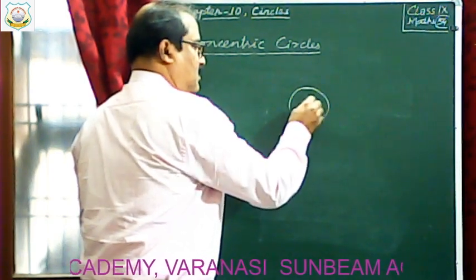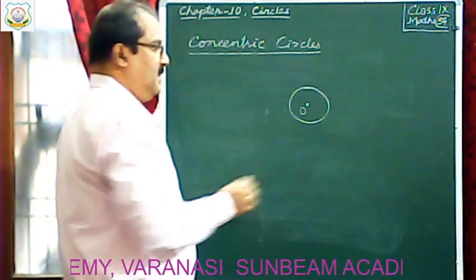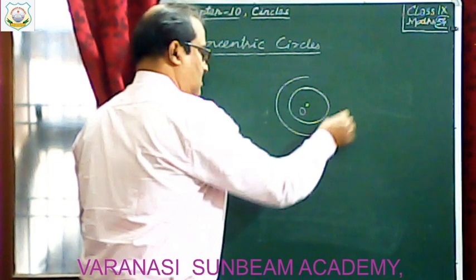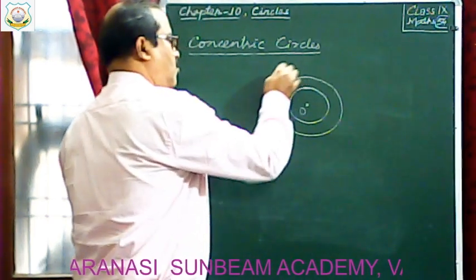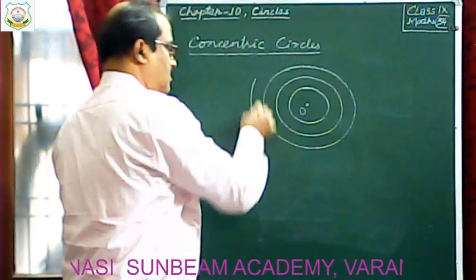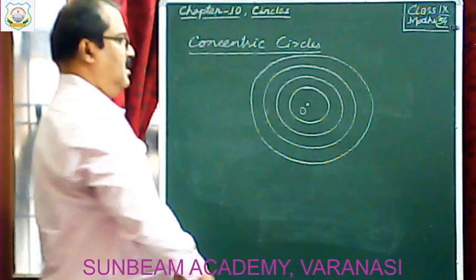Okay, the center is O. Taking O as the center and different radii, if we draw two or more circles, they are known as concentric circles.